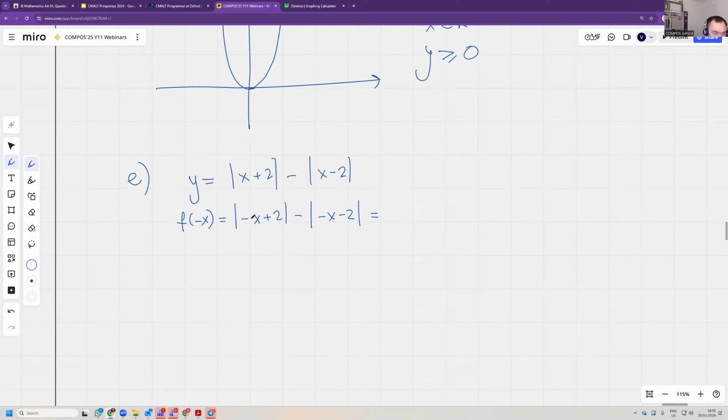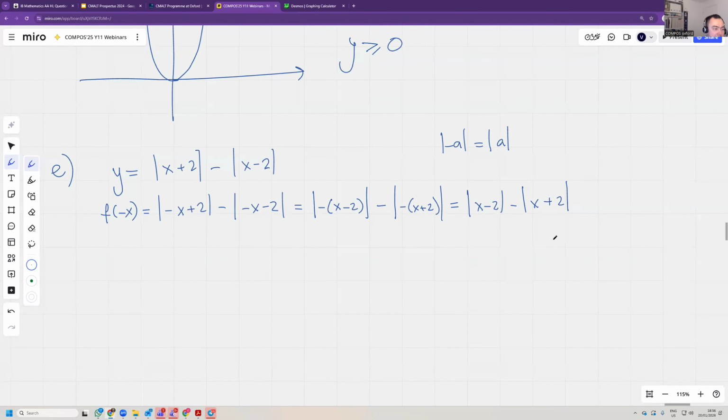And this is a bit tricky, but you can do this: modulus of minus x minus 2, take the minus out, because modulus of a negative number is the same as the modulus. So modulus of negative a will always be equal to modulus a, right? So that is modulus of x minus 2 minus modulus of x plus 2.